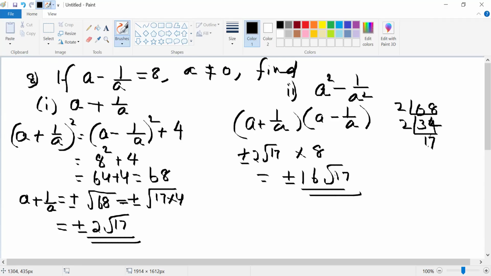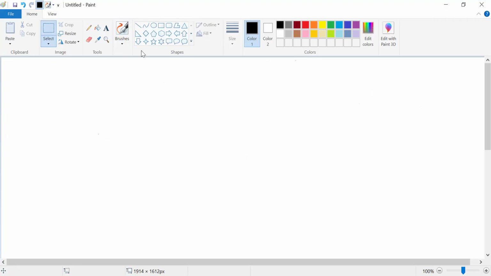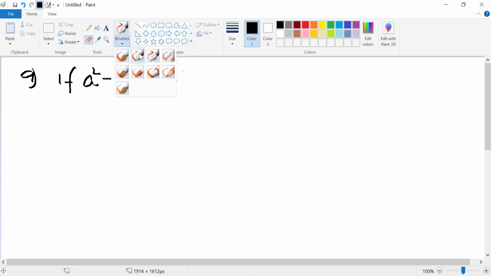Next, question number 9. If a square minus 3a plus 1 equal to 0 and a not equal to 0, because if a becomes 0, there is no expression at all.